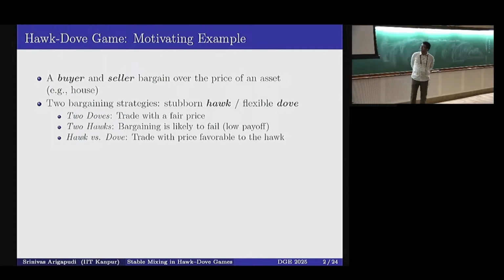The story here is that if you have two doves, then they both trade at a fair price. If you have two hawks, they are both aggressive, they fight, and the bargaining is likely to fail, which means that they both end up at a low payoff. If there is a hawk and a dove, then a trade occurs with a price which is favorable to the person who is more aggressive.